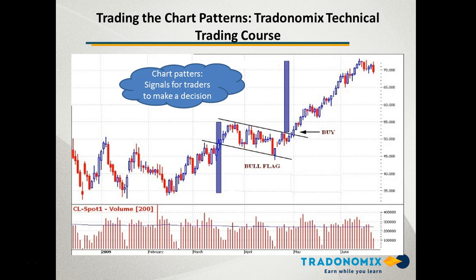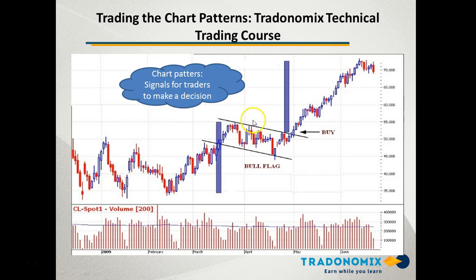We also teach chart pattern trading in detail. Chart patterns are truly signals for traders to make a quick decision on entry as well as exit. So here you can see this is a flag pattern in the chart, which quickly helps the traders understand that this is a buy situation for me.